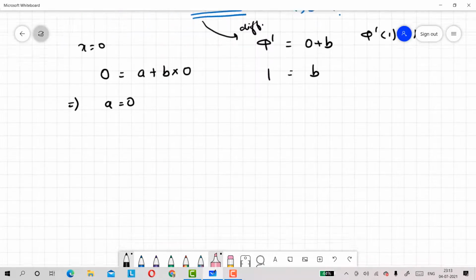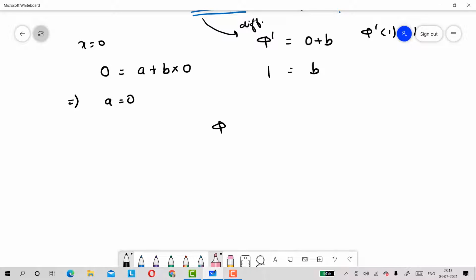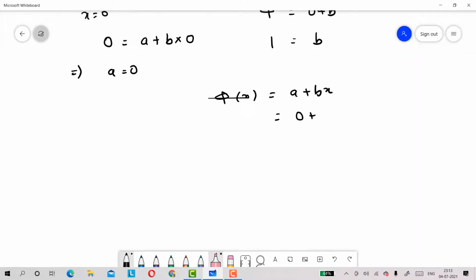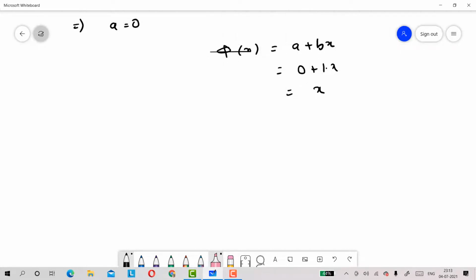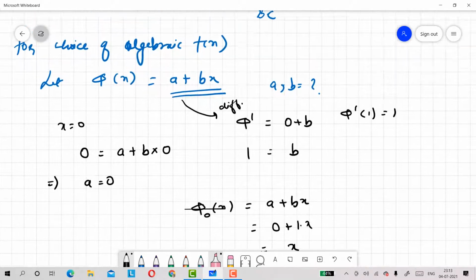So finally, on putting the a and b values, phi(x) equals to a plus bx, with a equals to 0 and b equal to 1, so this becomes x. So our phi naught becomes x.